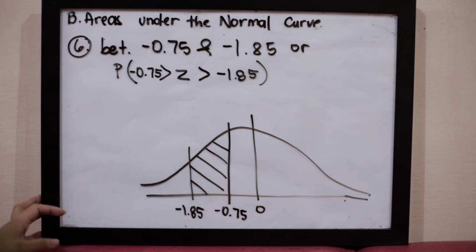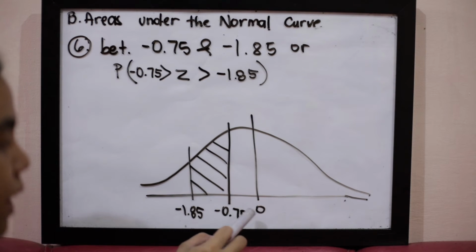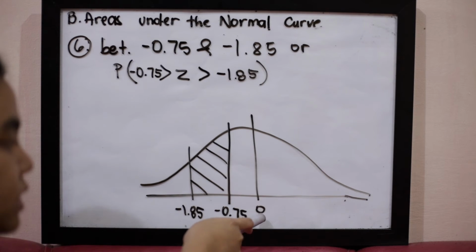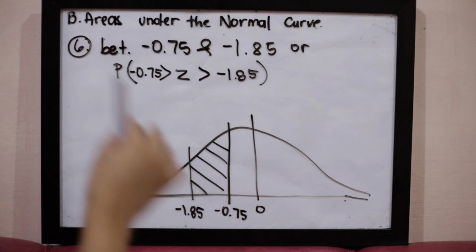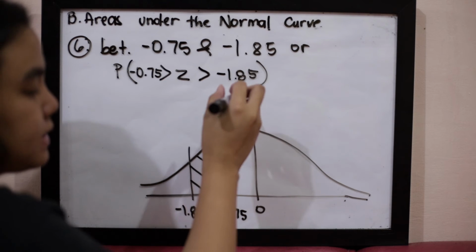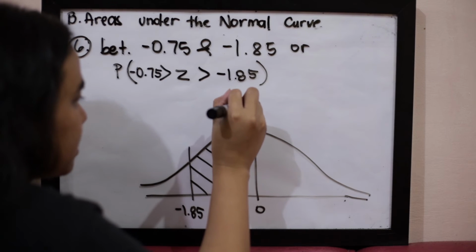Next, we have to look for the area from 0 to 0.75 and from 0 to 1.85 that is reflected on our table. So, for 0 to 0.75: 0.7, then 0.05. And the area for that is 0.2734.